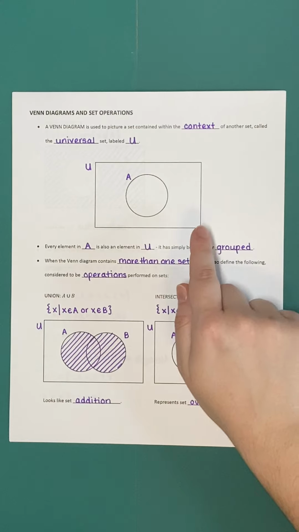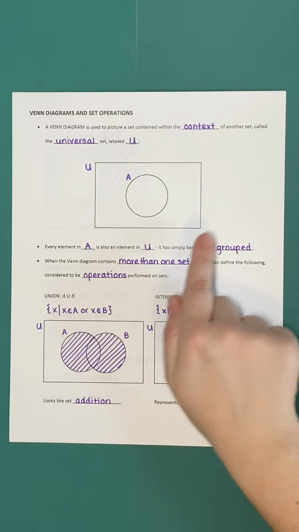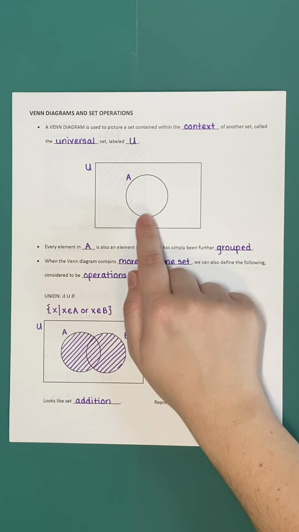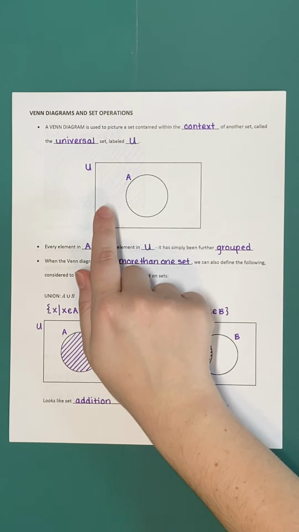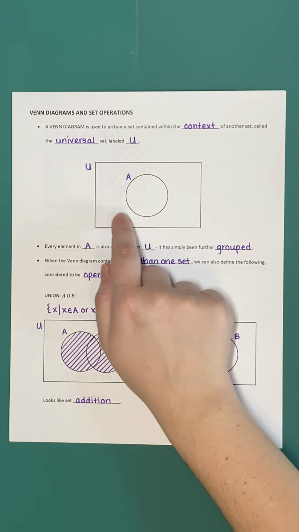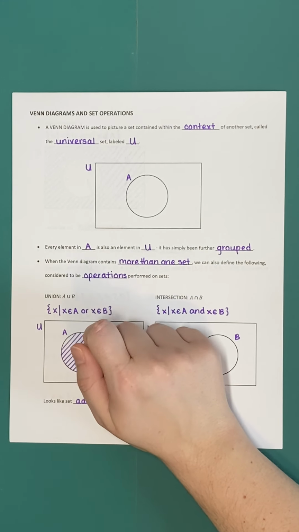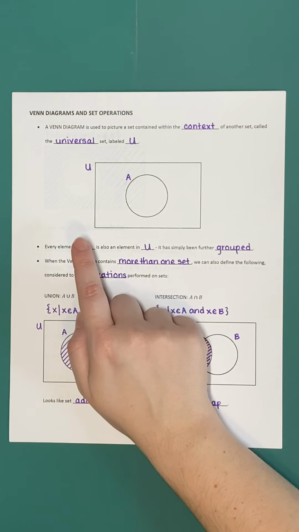The universal set would be everyone in class, and then everyone who is in the class but also a business major would then be grouped a little bit further into this set that we're calling A. So there would still be some names outside of the circle. Those would be students who are not majoring in business. Notice that the circle is also contained inside the rectangle.